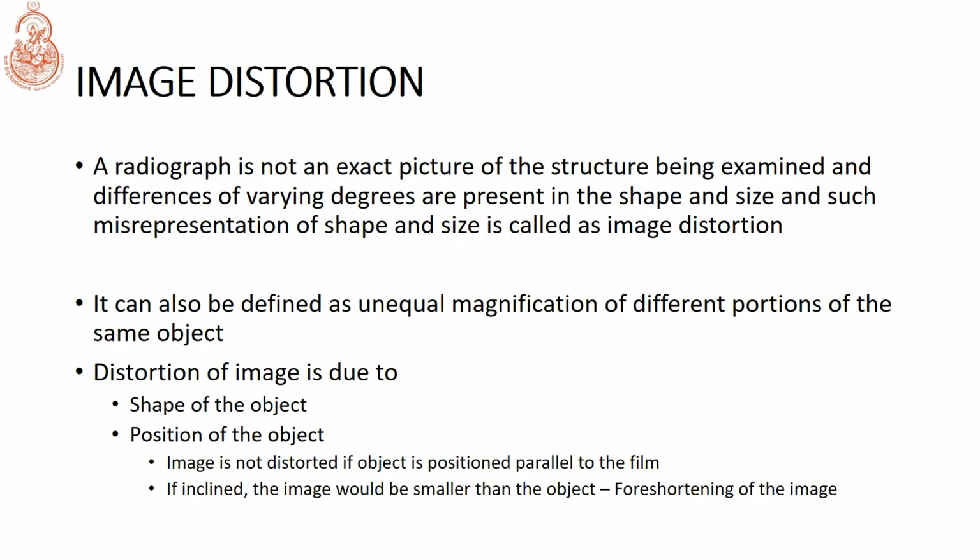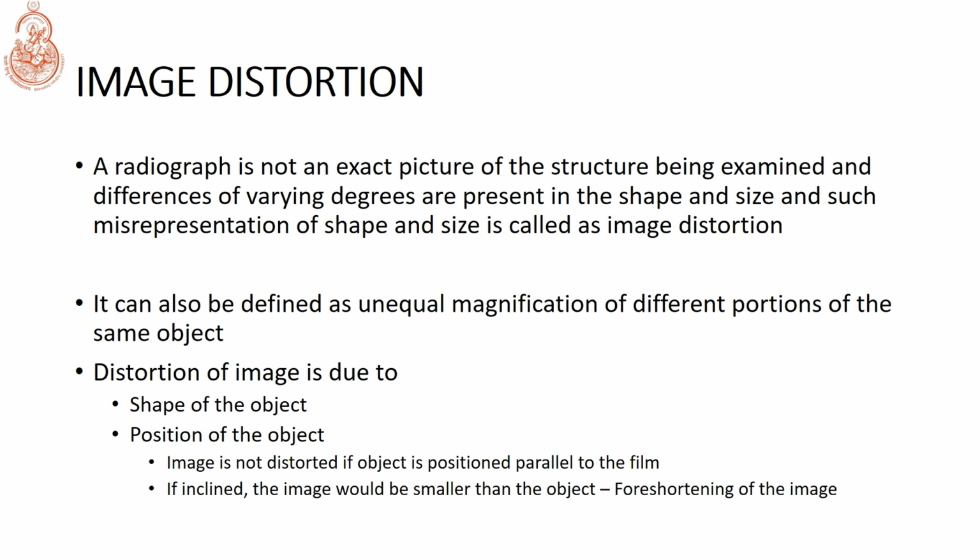The third geometrical factor is image distortion. A radiograph is not an exact picture of the structure being examined, and differences of varying degrees are present in the shape and size. Such misrepresentation of shape and size is called image distortion.